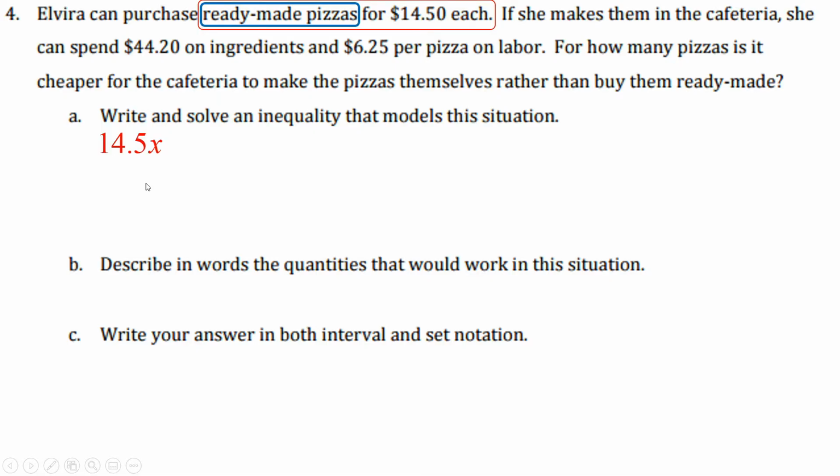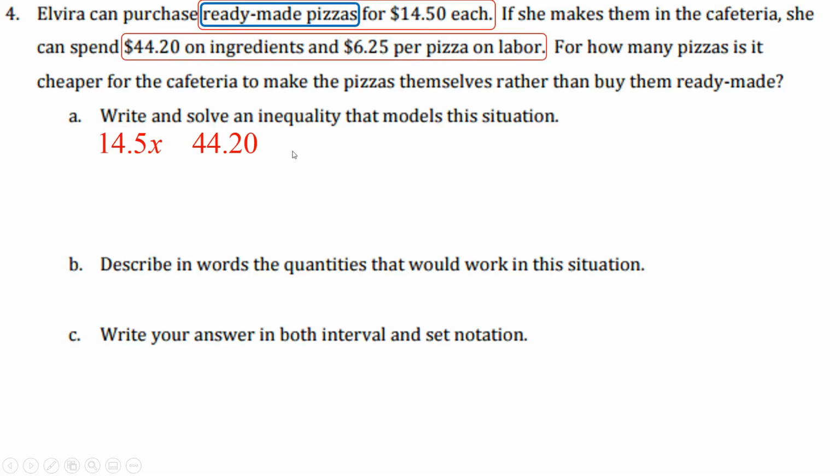If she makes them in the cafeteria, she can spend $44.20 on ingredients. So that's just a cost for ingredients, and $6.25 per pizza. Okay, so let's think about this as her cost for ingredients is $44.20, and then her additional cost per pizza is $6.25 per pizza.